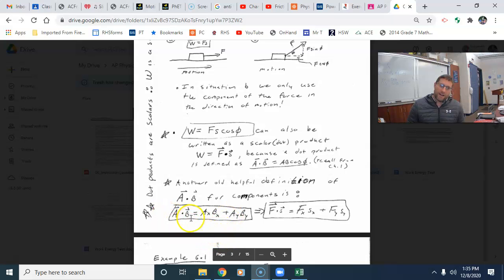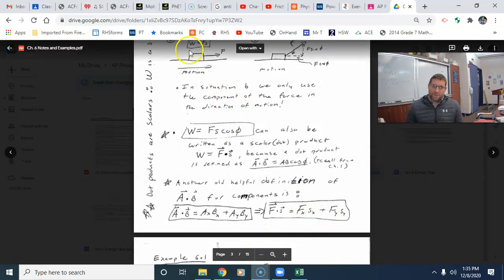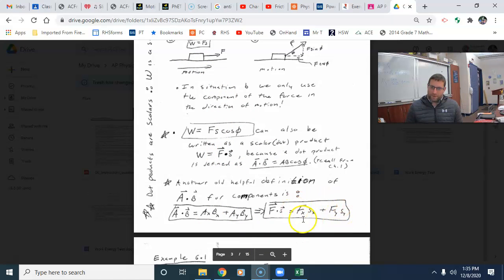Generically, for vectors A and B, the formula is the x component of A times the x component of B plus the y component of A times the y component of B. Total that up and that gives you the dot product as well. If we apply it to the specific variables F and S instead of A and B, we would do the similar thing using their components. And again, don't forget that the dot product is also known as the scalar product.